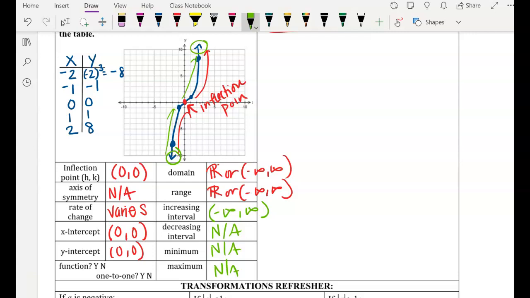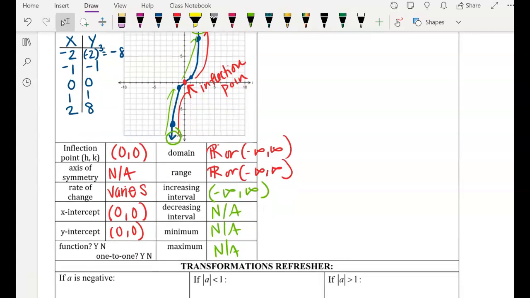That means it goes up forever and down forever. This is definitely a function, and it's definitely a one-to-one because it passes the horizontal line test. No matter what horizontal line we make, it only crosses one time. And that's how we graph the parent function.